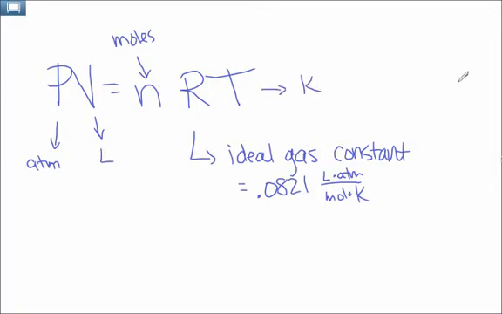Liters. And then temperature is always in Kelvin. So it doesn't matter what units we had before, like in the combined gas law, because R is not part of that equation. But whenever you have R in your equation, then you have to use these units.